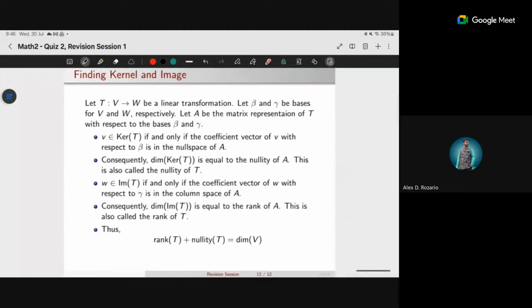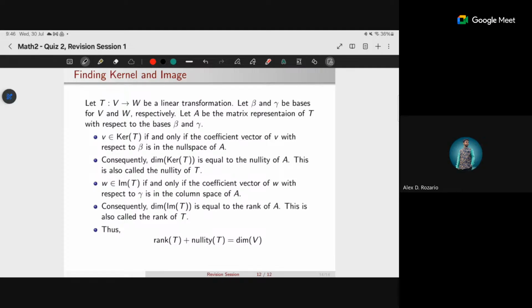Now, given a transformation, how do I check whether it is injective or surjective? Once again, we make use of the matrix representation of the transformation. It turns out that the kernel of T is related to the null space of the matrix representation, and the image of T is related to the column space of the matrix representation.